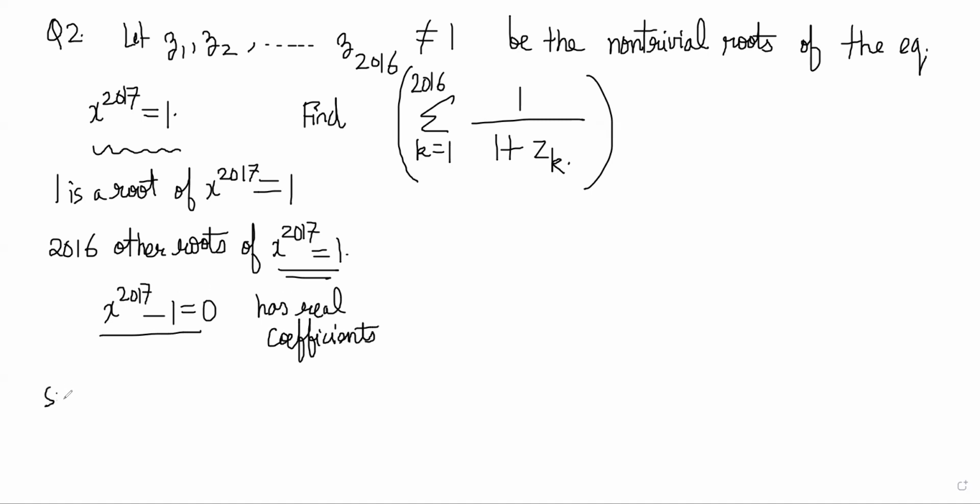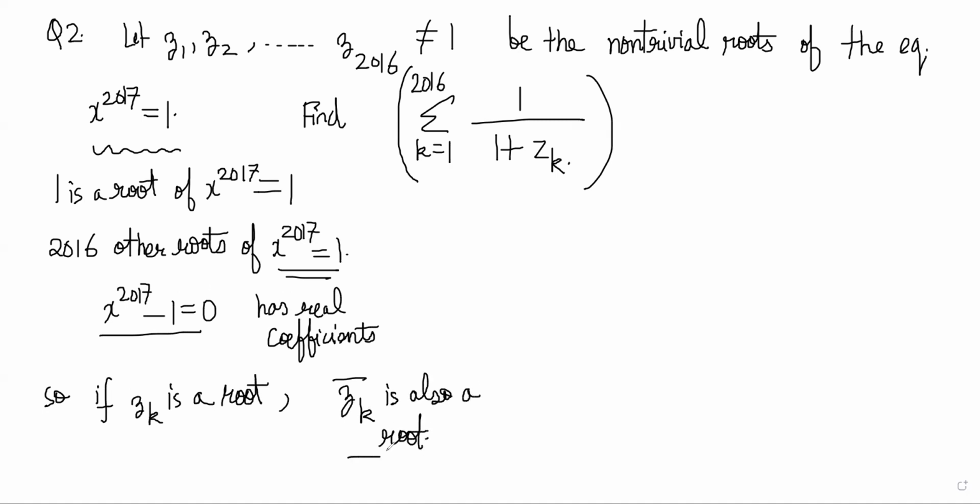So if zk is a root, then zk conjugate is also a root. Zk and zk conjugate are both roots of this polynomial. Also, we know that if zk is a root, zk power 2017 is equal to 1. Taking modulus on both sides, we get mod of zk power 2017 is 1, which implies mod of zk is 1.